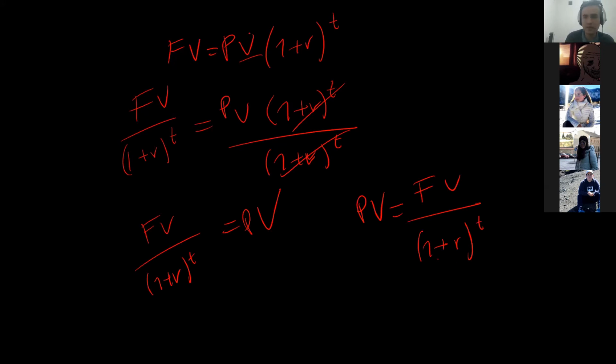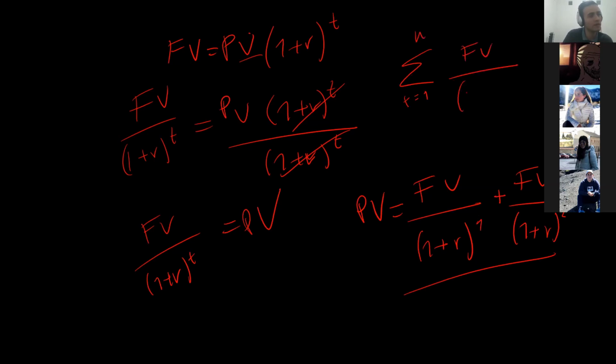We are interested in the present value of all the cash flows. So you need to add all the present values of the cash flows, but this one will be 1 because it's the first period, and this one will be 2, right? So how do you put that inside the formula? Well, you need to note in the formula that you need the addition of all the cash flows from period 1 to the end period of future cash flow, discounted by 1 plus the rate to the power of the period.